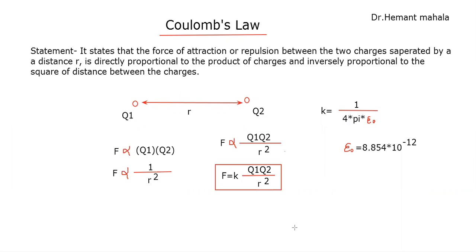Okay, so putting this value of epsilon naught in this relation of k, calculate k. What will be the value of k? After calculation, k comes out equal to 9 into 10 to the power 9.